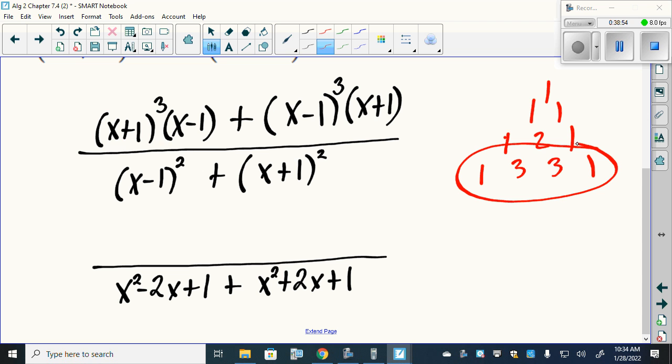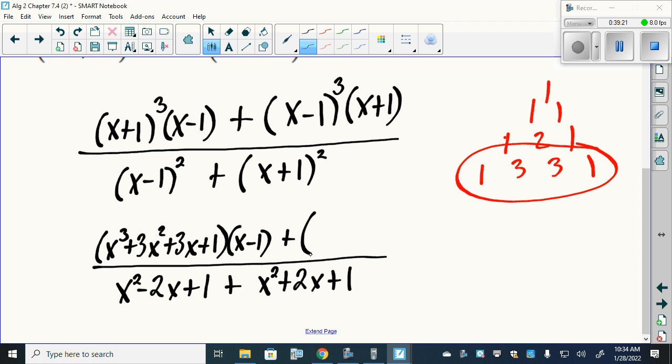This here is kind of a cheap shortcut for the cubics. So the leading coefficients for these here are going to be 1, 3, 3, 1. So if I took x plus 1 cubed, it actually works out to be x cubed plus 3x squared plus 3x plus 1. And we'll be multiplying it by x minus 1 plus the x minus 1 cubed.